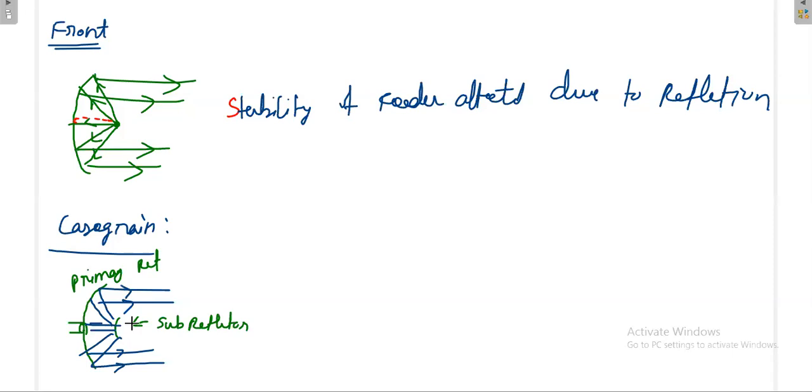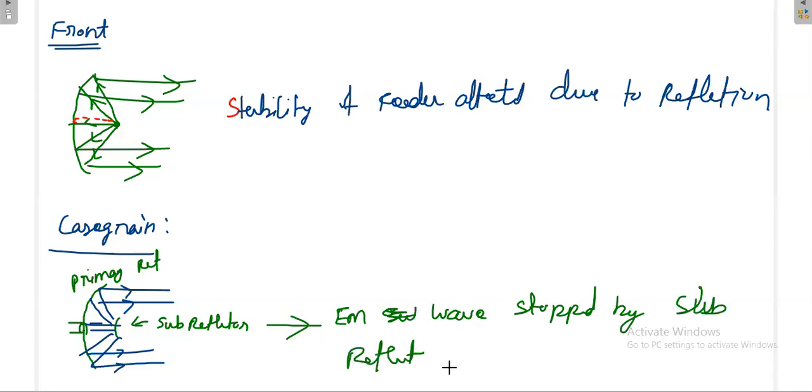But this portion is not sending any signal. This sub reflector is stopping some amount of electromagnetic waves, and again you are losing your electromagnetic energy. In this portion you are not getting any signal. The EM waves are stopped by the sub reflector.